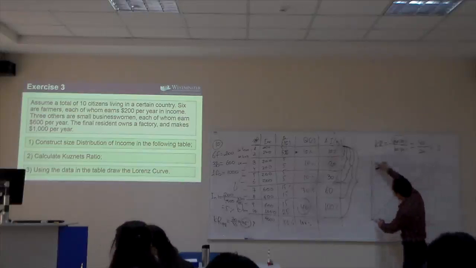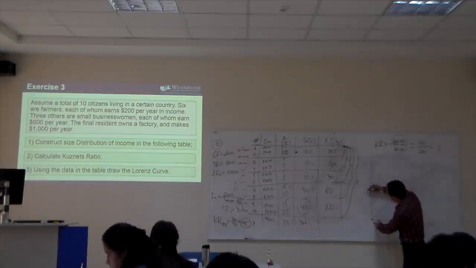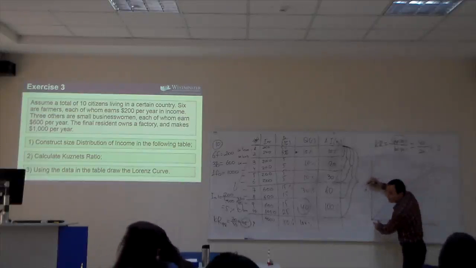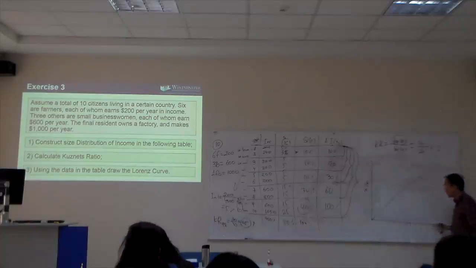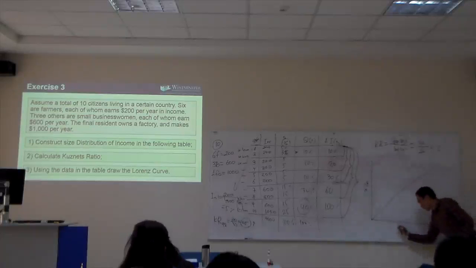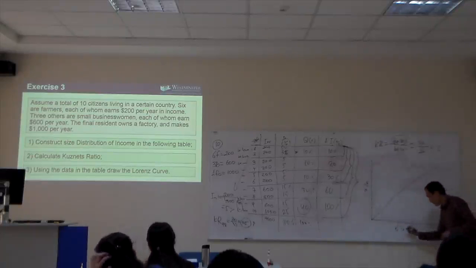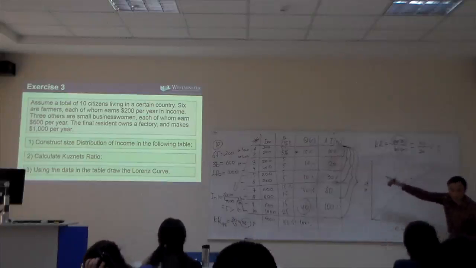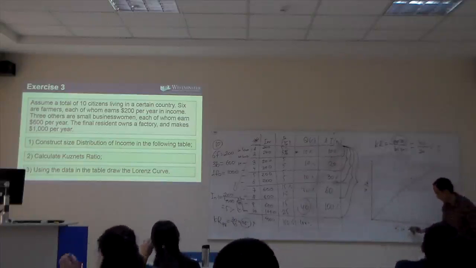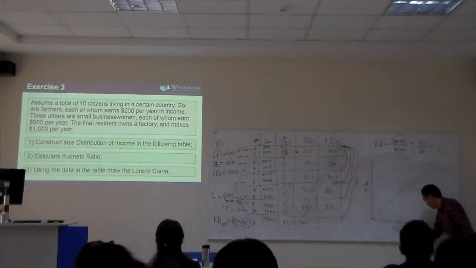The vertical line represents percentage of income. The horizontal line represents percentage of population or income recipients. There are now 10 people.